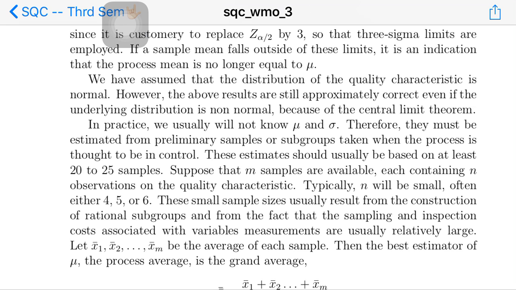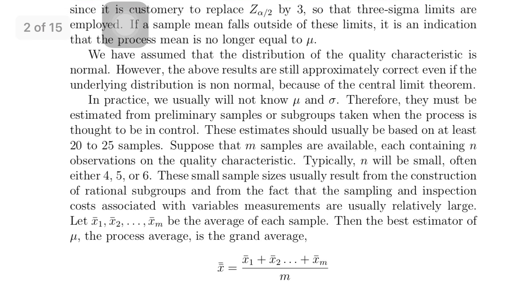Usually we will be taking 20 to 25 samples. Each sample will have size either 4 or 5 or 6 like that. These sample sizes usually result from the construction of rational subgroups and from the fact that the sampling and inspection costs associated with the variables measurements are usually relatively large.